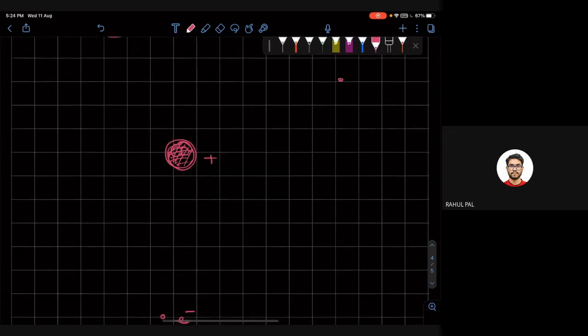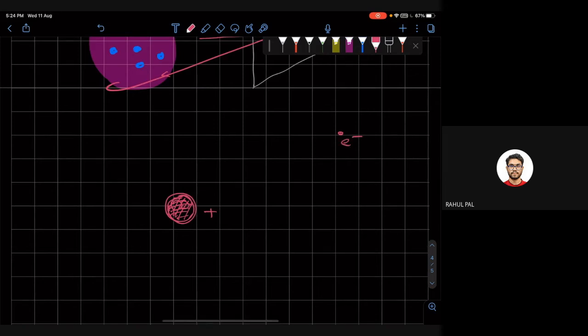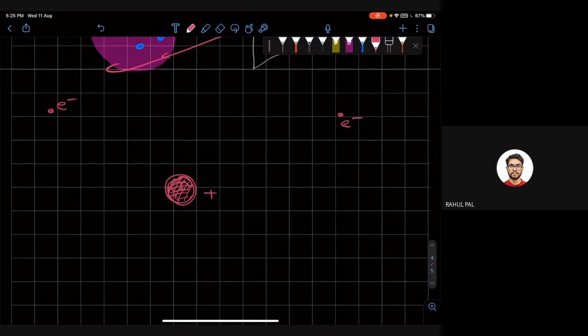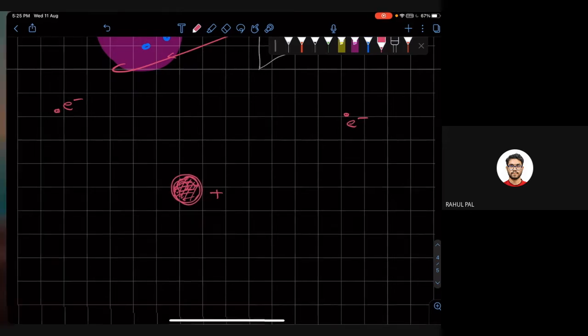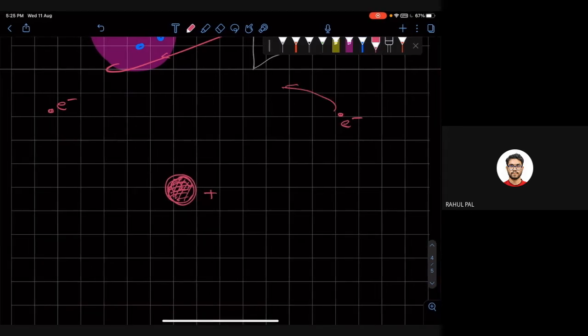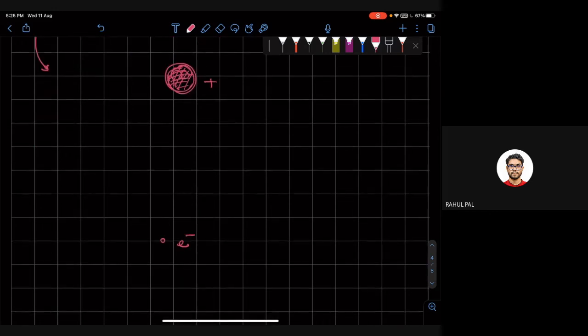Of course, this was a challenge for classical electrodynamics to solve, because for this to be a finite system, which it is, right? It's a bound system. The electrons will have to travel in non-rectilinear orbits, right? Not straight lines. That means that electrons would have to accelerate.